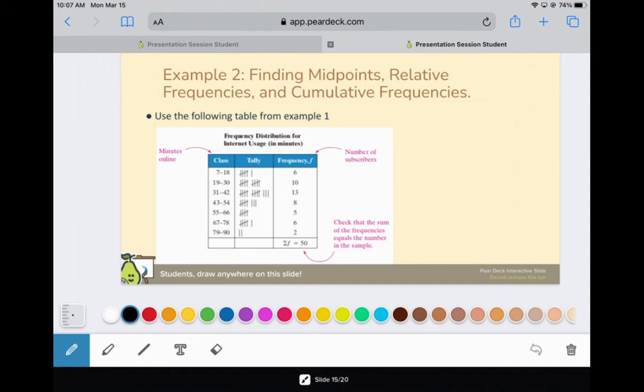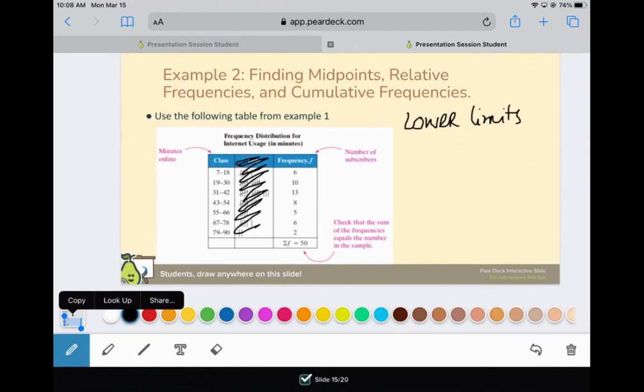I want you to identify the lower limit. What values are my lower limit? Don't worry about the middle columns. If you can list out my lower limit.